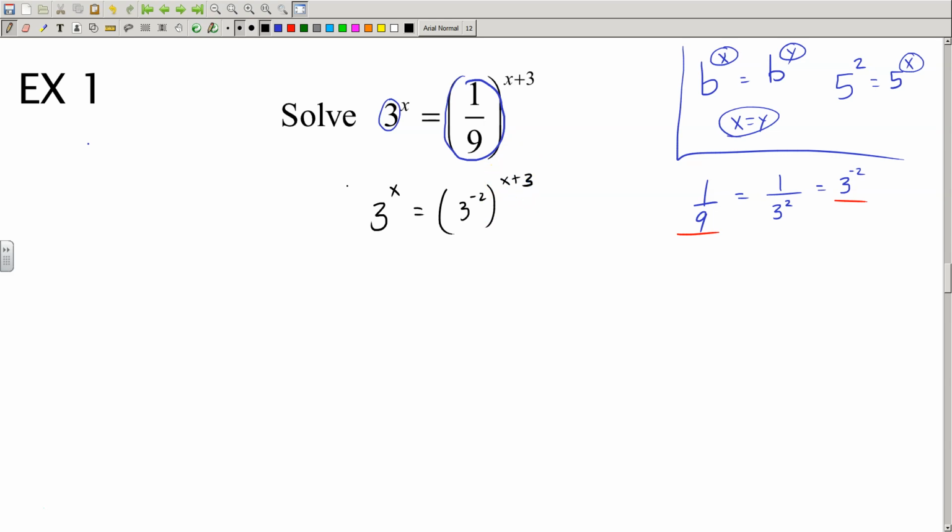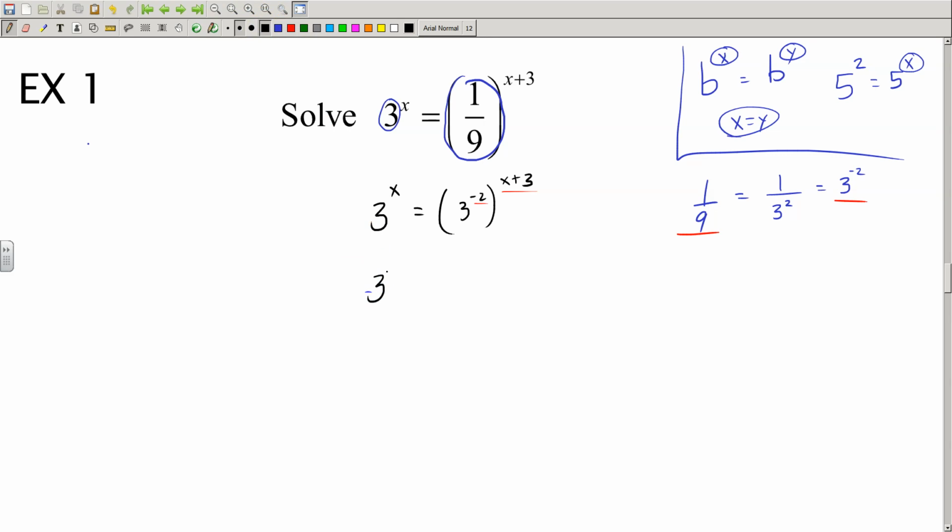All right, so another thing that we have to do here is use our exponent properties. So to clean this up on the right-hand side, I have 3 to the -2, but that's raised to the x plus 3. Well, what do we know about exponent properties? When I take an exponent and I raise it to something else, I'm going to multiply those things together.